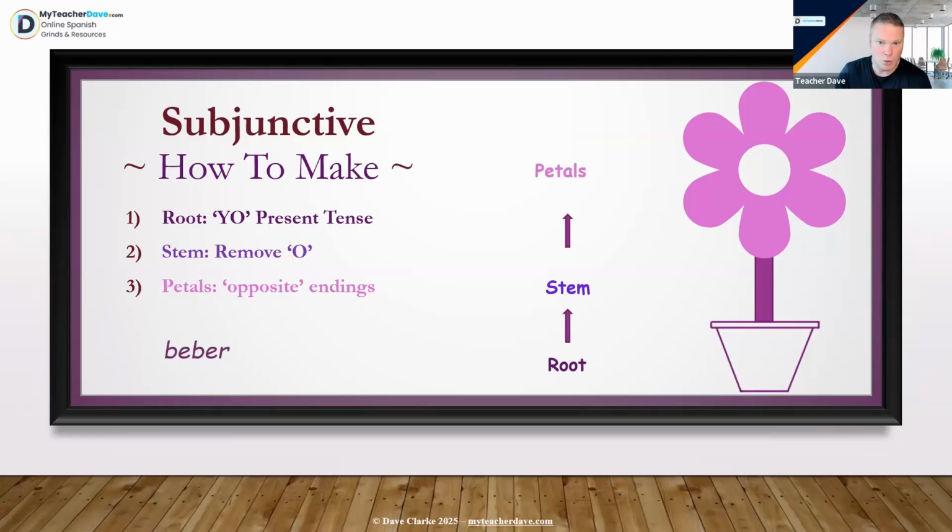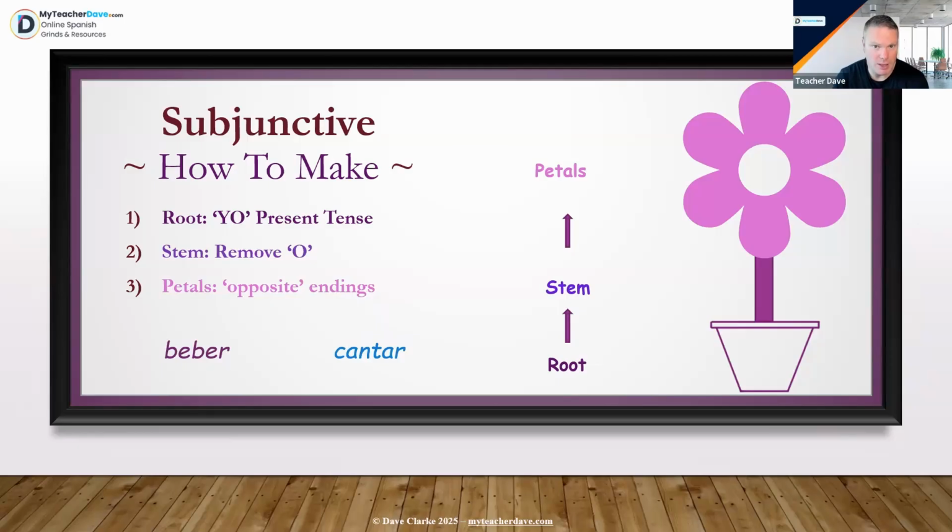We're going to use 2 regular verbs to help us with this part of the video. Really common verb, you all know, beber, the verb to drink, and a very common verb, but maybe not as common as beber, but a super common verb in its own right, the verb cantar, the verb to sing.